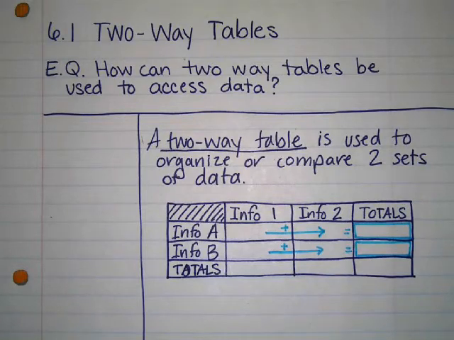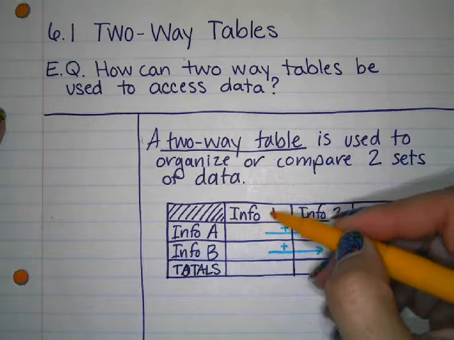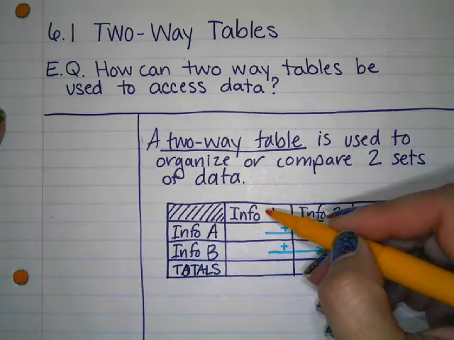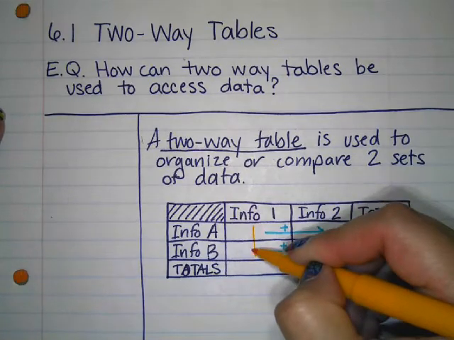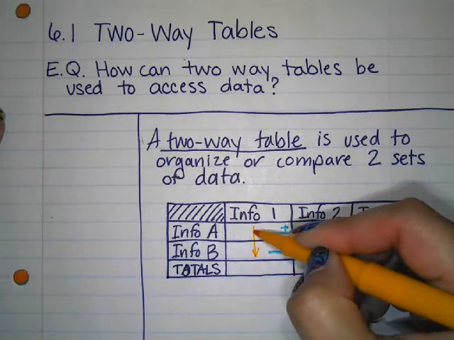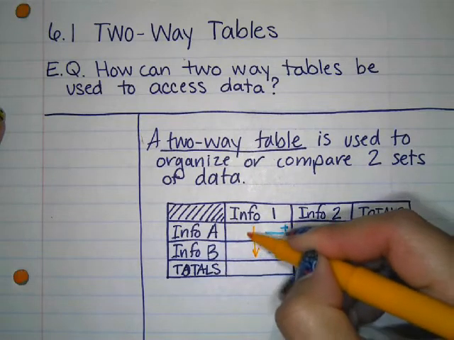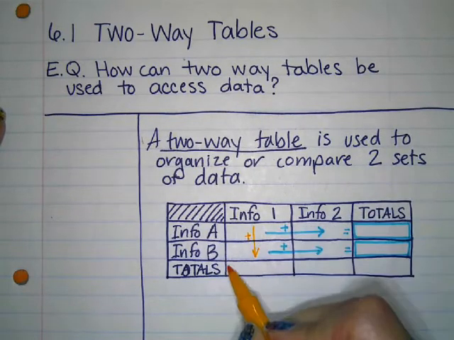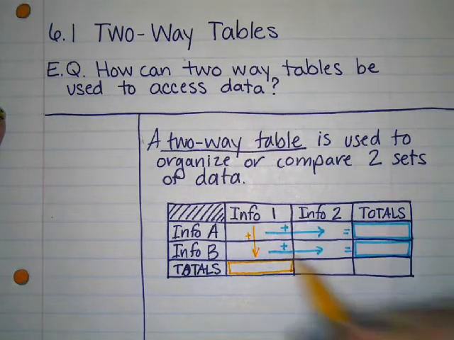But what's unique about two-way tables is you can also add up the info going down in the column. So for info 1, let's say we had the number of sports cars people drive. Going down this column, I can add up the number of girls that have those cars and boys that have those cars, and it's going to equal the total going down this column.